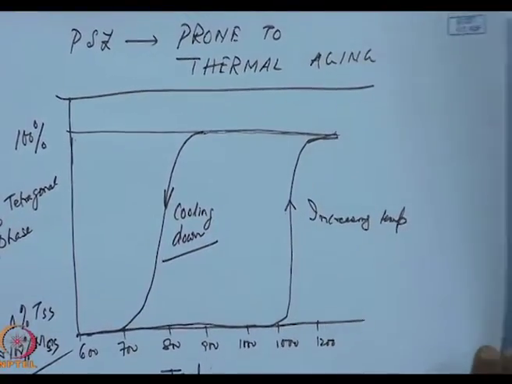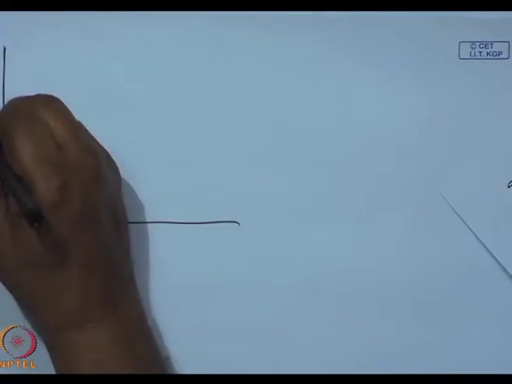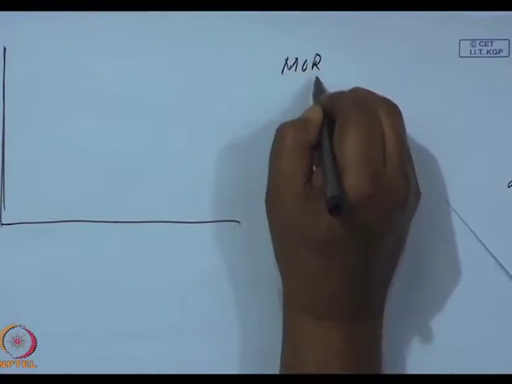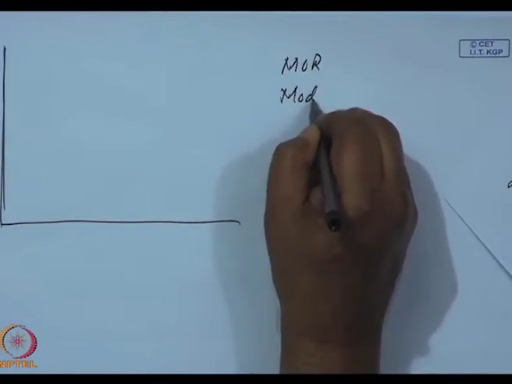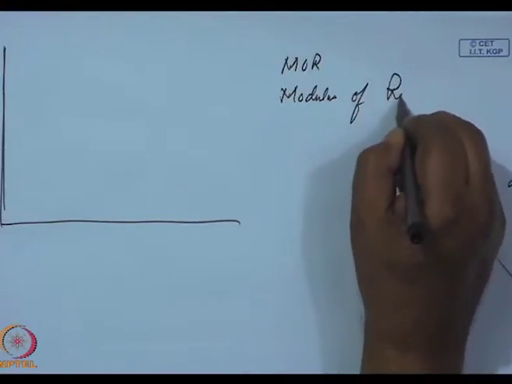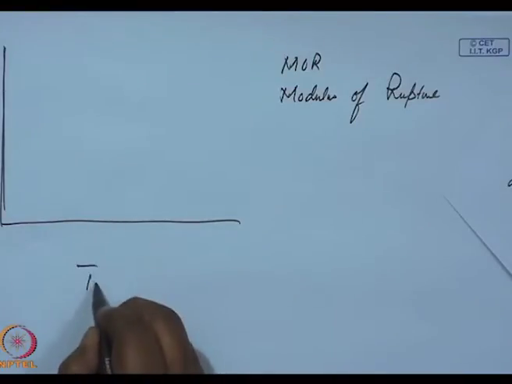Frequently what we do see is, if I draw a diagram of, say, MOR, MOR means modulus of rupture, versus temperature.